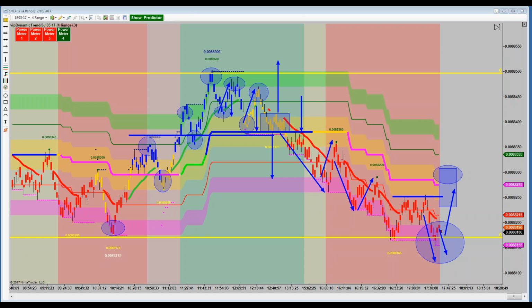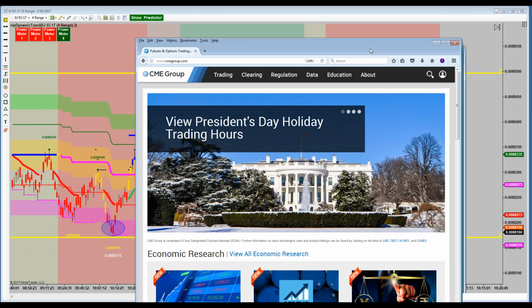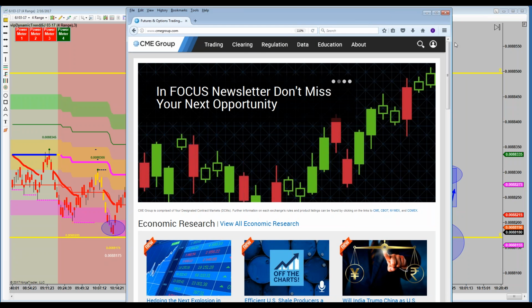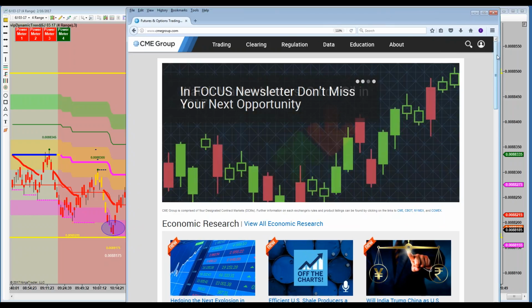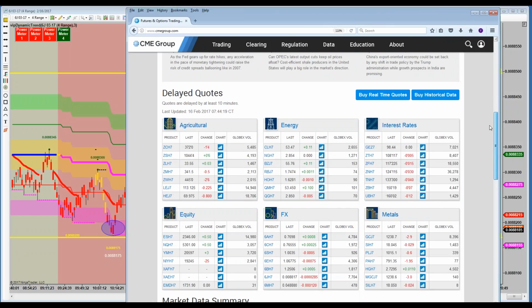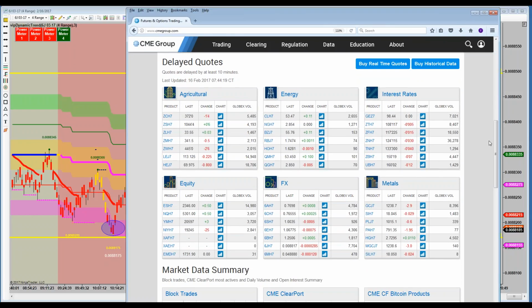Okay, so here we want to bookmark cmegroup.com. This is the go-to site for the futures. Everybody knows that. cmegroup, one word.com. You scroll down here to the middle of the page. Okay? The front month will always be shown here, and you mouse over it.